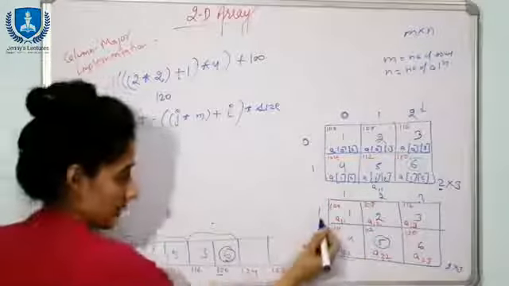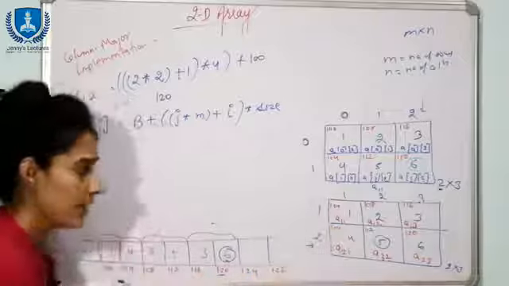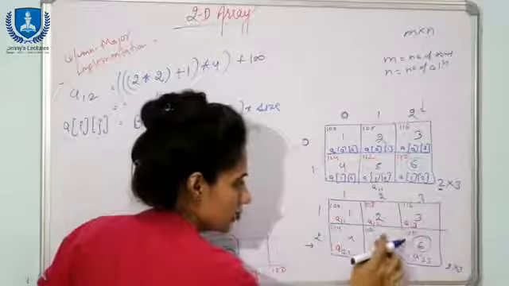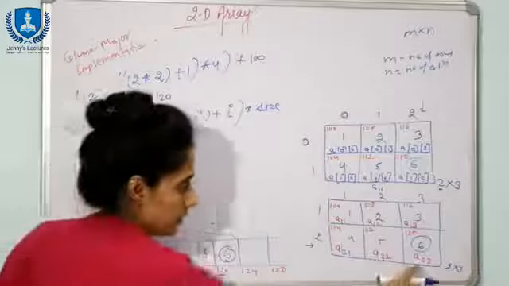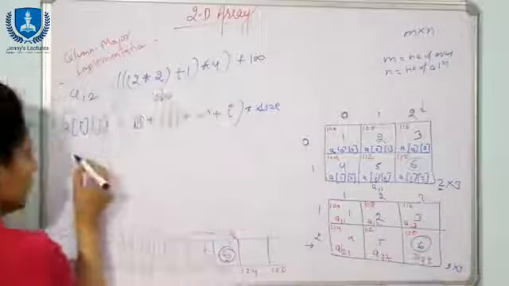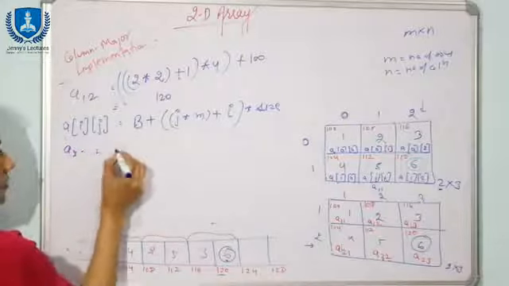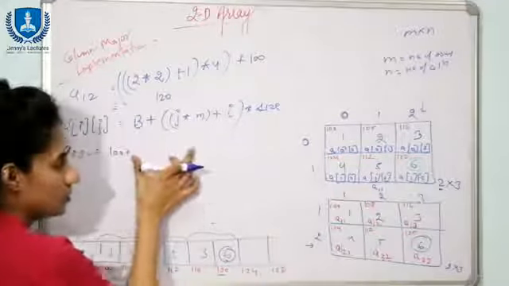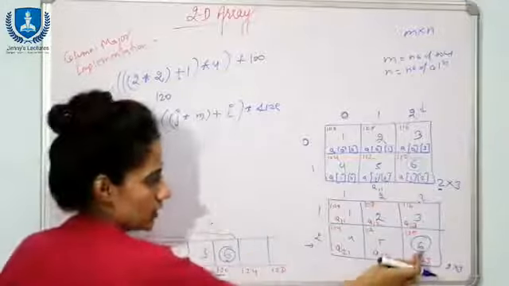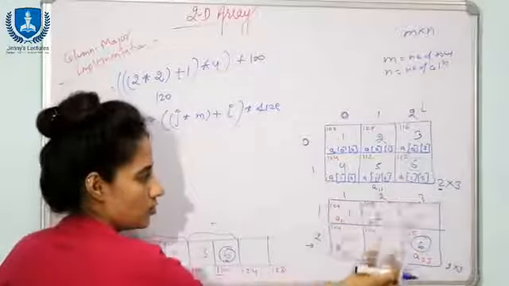If the index starts from 1, in that case if you want to access this element, suppose you want to access 6, then how will you access it? The element is now 2 and 3. See, the base address, that is 100, we are taking, plus how many elements do you have to cross to reach 6? How many columns do you have to cross?